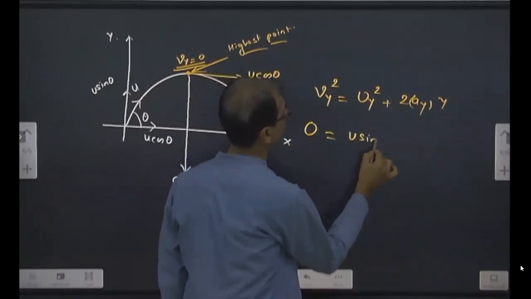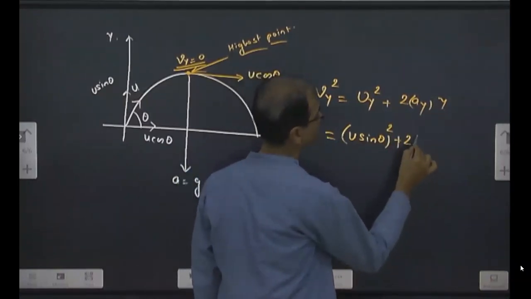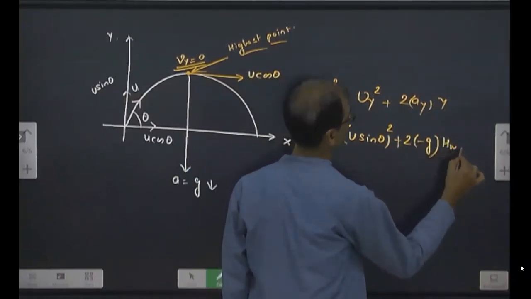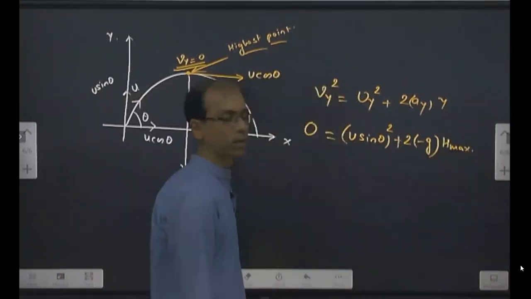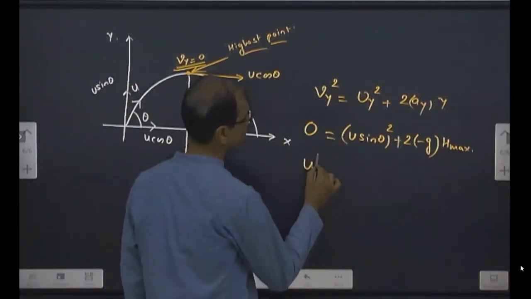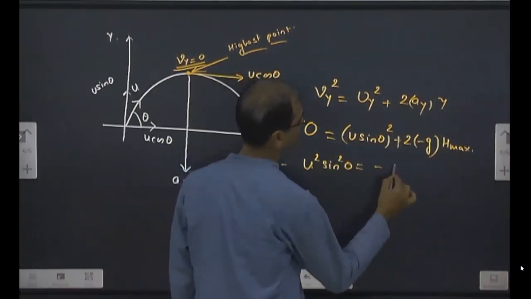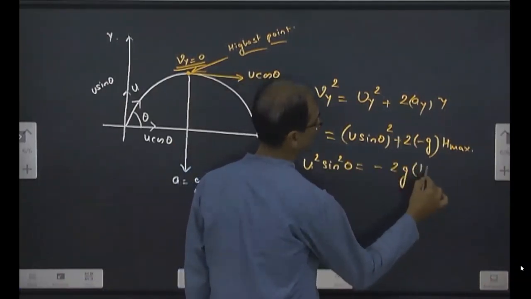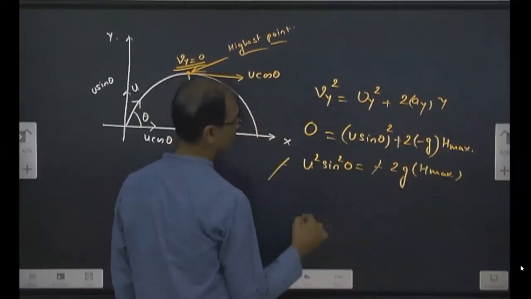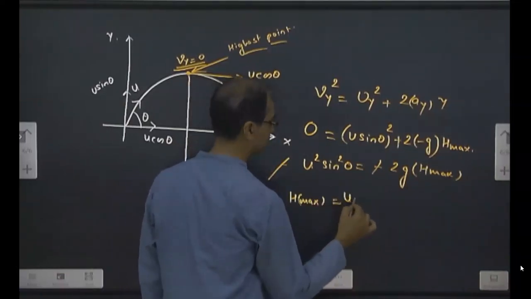U sin theta whole square plus 2 into minus g into maximum height. That is our y coordinate. So what we are getting? U square sin square theta negative equal to minus 2g into h max. Minus minus cancelled. H maximum we got as U square sin square theta by 2g.